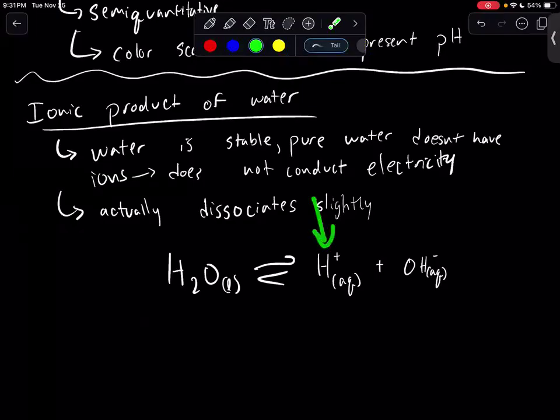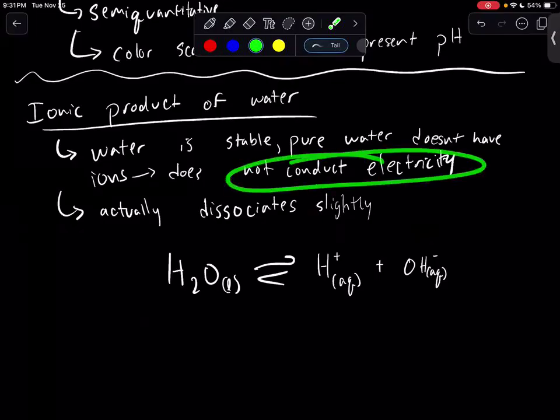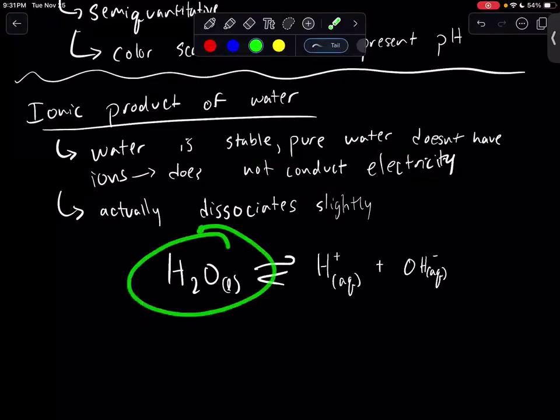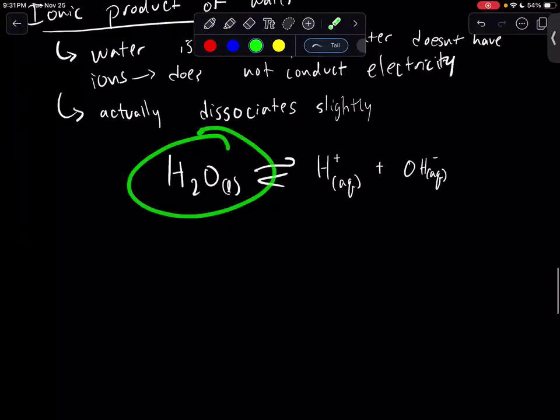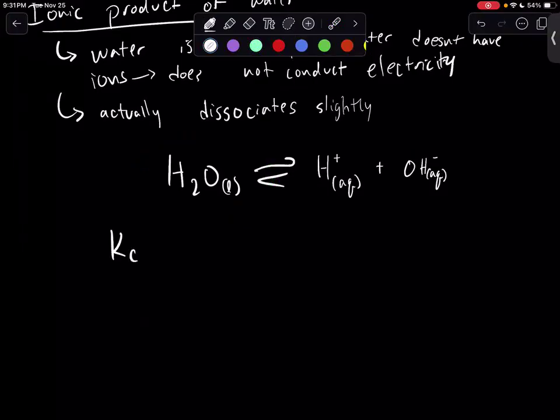It's creating H plus and creating OH minus. Now, we know water doesn't just do this often because pure water is, again, not conductive. And so we know for the most part it is in this state, meaning that if we were to calculate Kc, the equilibrium constant, it is going to be far less than 1.